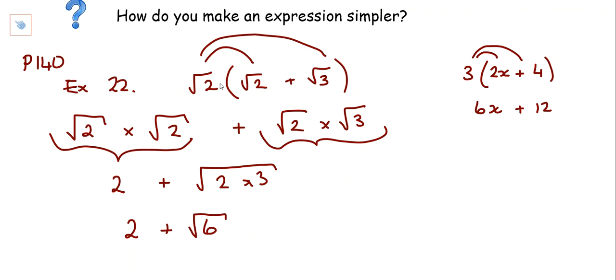But if I've got the square root of anything that's not got a square factor, like the square root of 2 or the square root of 3, both prime numbers, the square root of any prime number will lead you to an irrational result, which means a number that goes on forever, with non-recurring decimals.